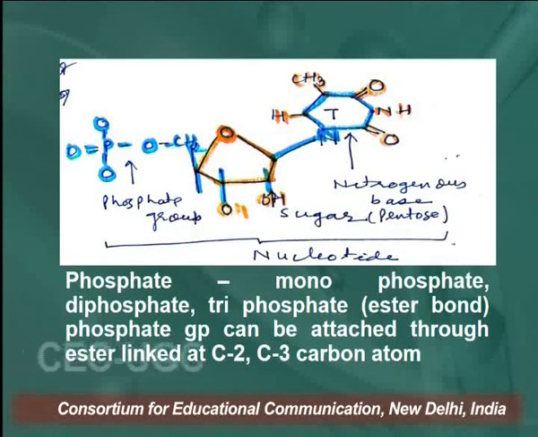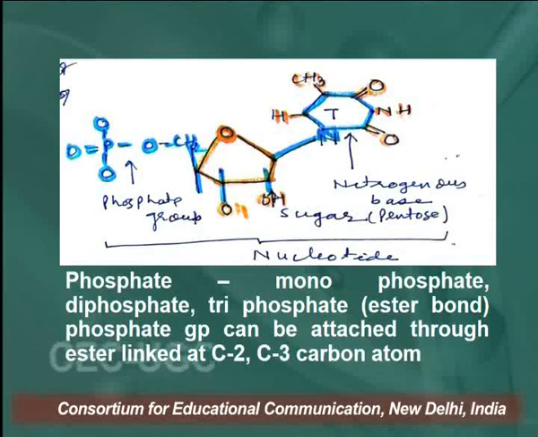If there is one phosphate group, it is called a monophosphate. When there are two, it is a diphosphate. When there are three, it is a triphosphate. And there is an ester bond: you can see CH2, O and P. Between the O and the phosphate group there is an ester bond.